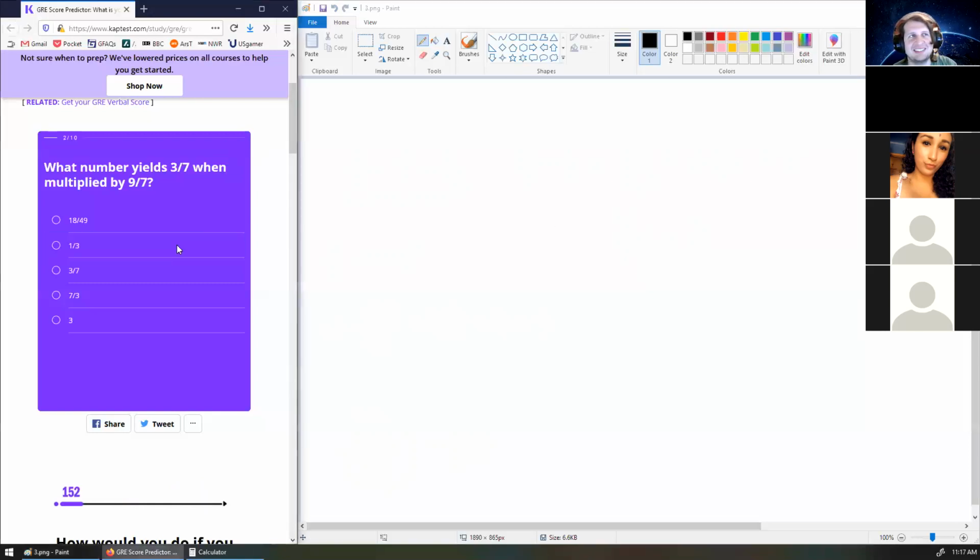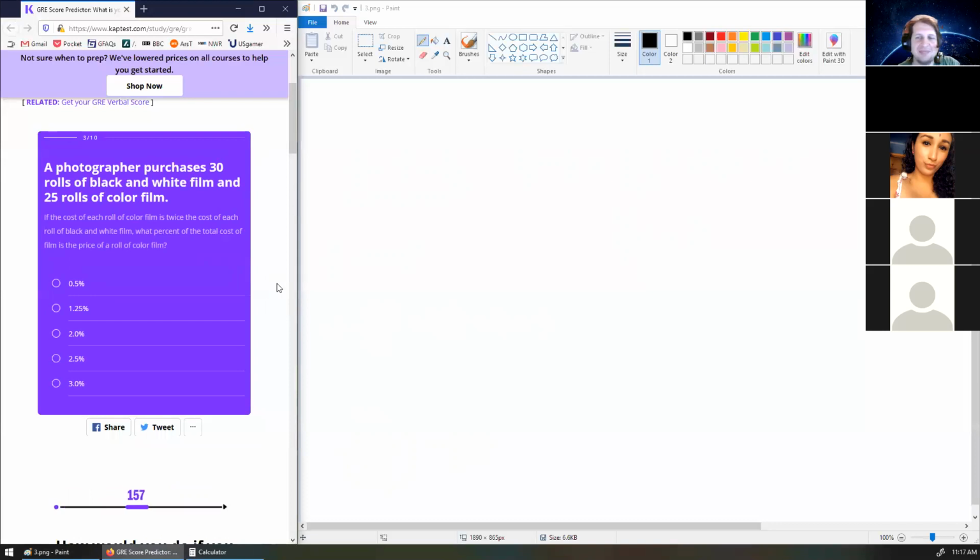Question 3. This one had me a little confused for a while on the wording. A photographer purchases 30 rolls of black and white film and 25 rolls of color film.